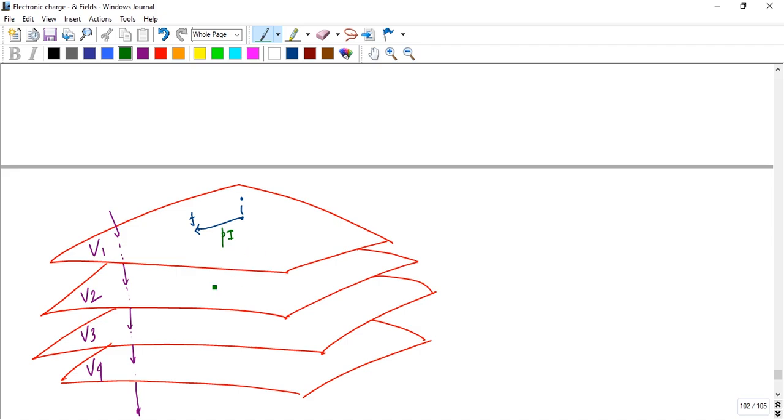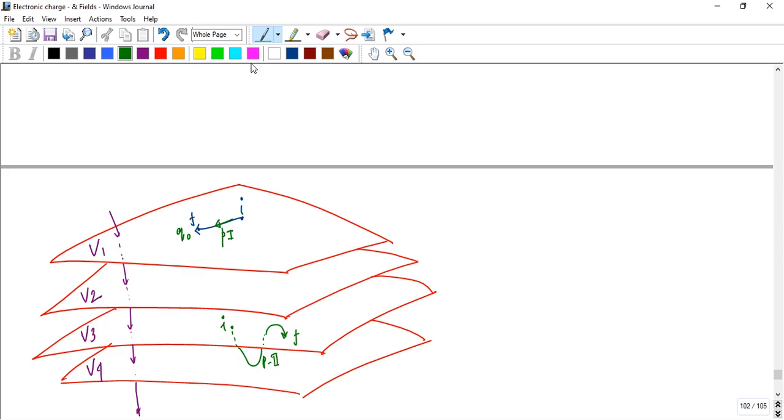Suppose the test charge moves along path number 2 to potential surface 3. That is I, that is F. Test charge Q naught moves in that direction, I to F.